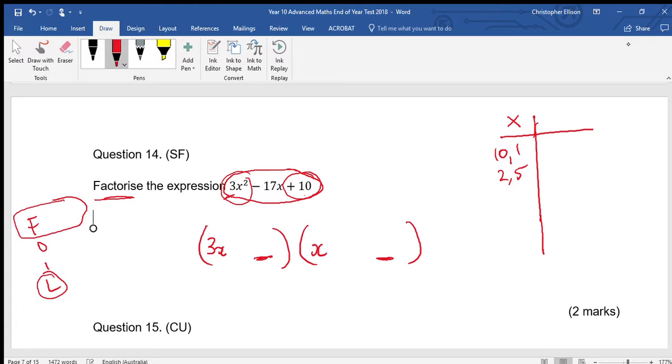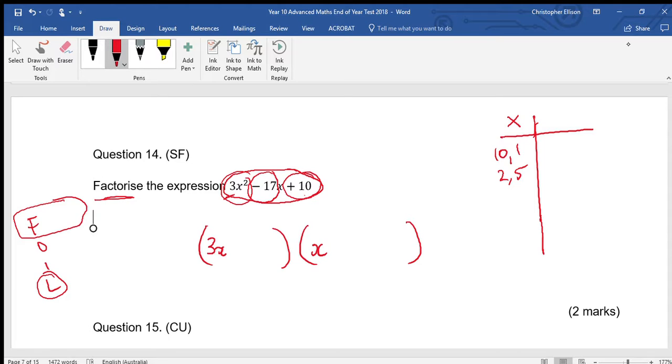But we also need to consider negative values. It's particularly important in this case that we consider negative values because we do have a negative b value here, minus 17. That indicates to me that we are looking at two negative numbers that multiply together to give a positive. Remember that that's the case.